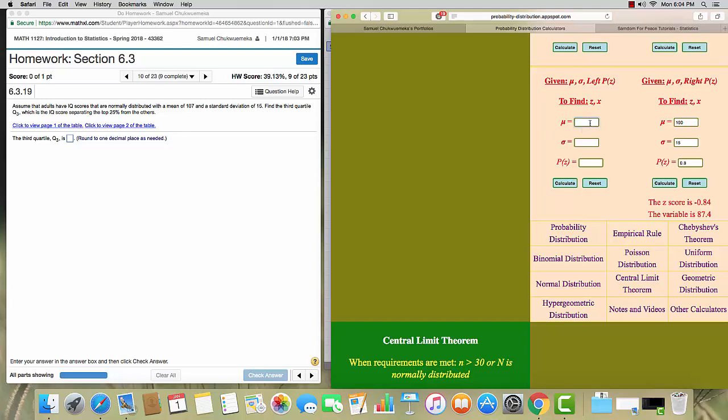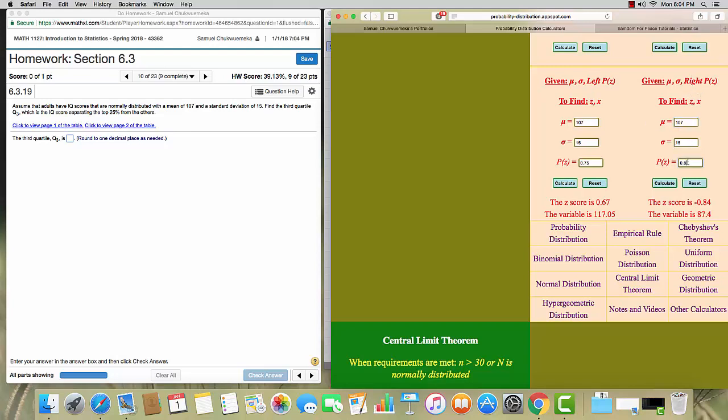So the mean is 107 and the standard deviation is 15. In this case, it's the lower 75%, which is 0.75. So the variable is 117.1. And we can still get the same answer, because this one is the left, lower part, and this is the upper part, right?